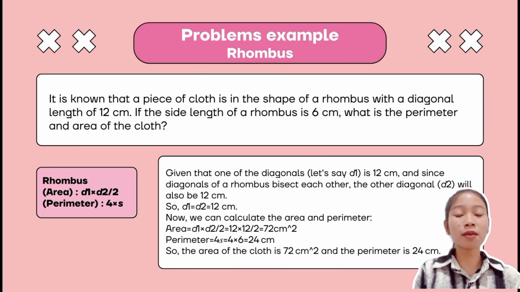Next, an example problem for the rhombus. There is a piece of cloth in the shape of a rhombus with a diagonal length of 12 centimeters.